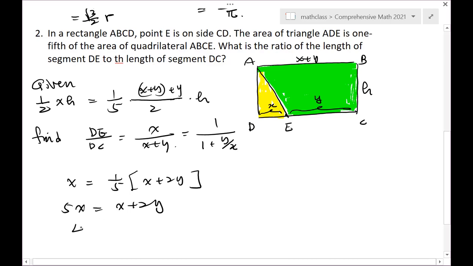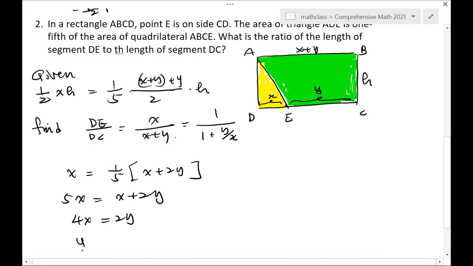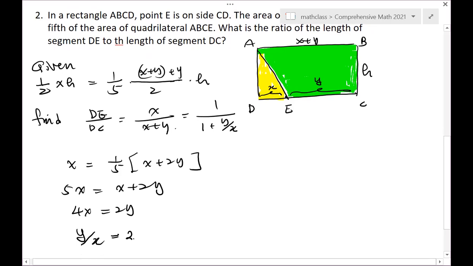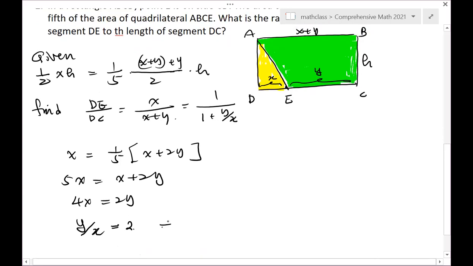From here, 4X equals 2Y, and so Y over X is going to be 2. That implies DE over DC is going to be 1 over 1 plus 2, which is 1/3.